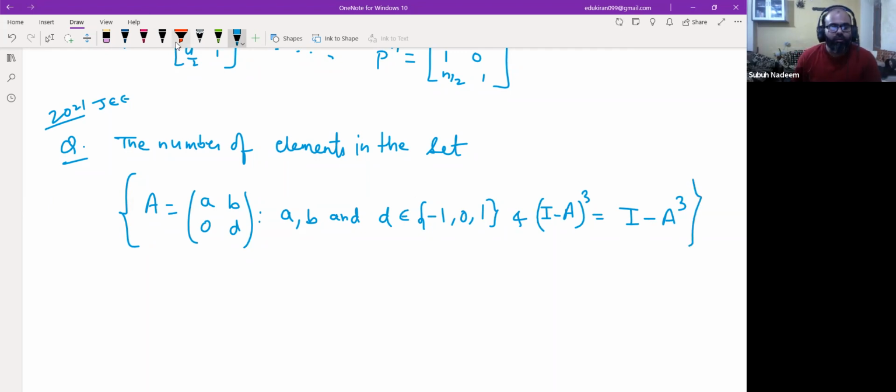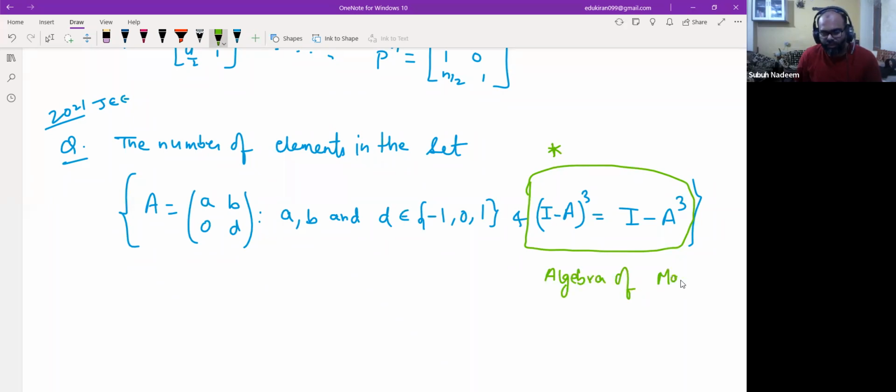So first of all, we have to see here that there is this relation. This relation we have to solve. So this is related to algebra of matrices. Here algebra of matrices is same as we study for real numbers. So this is same as algebra of real numbers. That is, what is the formula in real numbers? That (a minus b) whole cube is equal to a cube minus b cube minus 3a square b plus 3ab square.